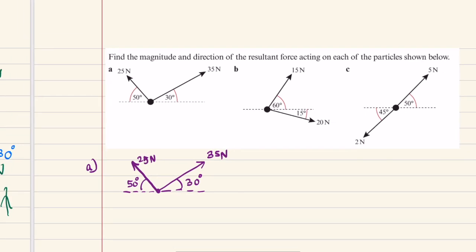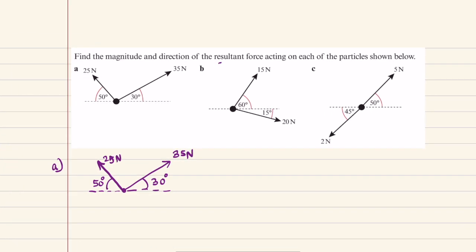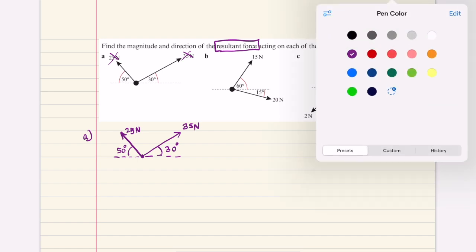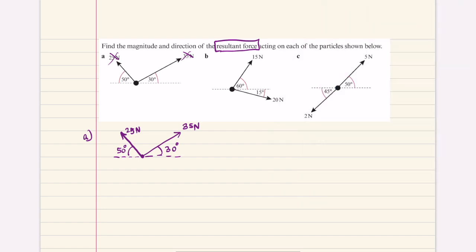Now let's see how to find the resultant force. That means we are going to find a single force that can replace these two forces. So in order to find that single force, what we could do is find the force acting towards the x direction, and the other part of that single force acting towards the y direction.